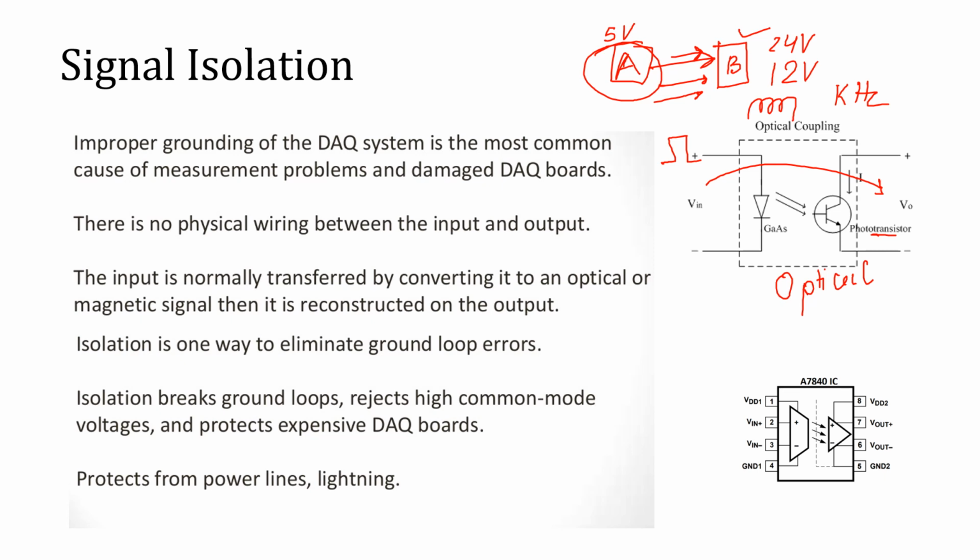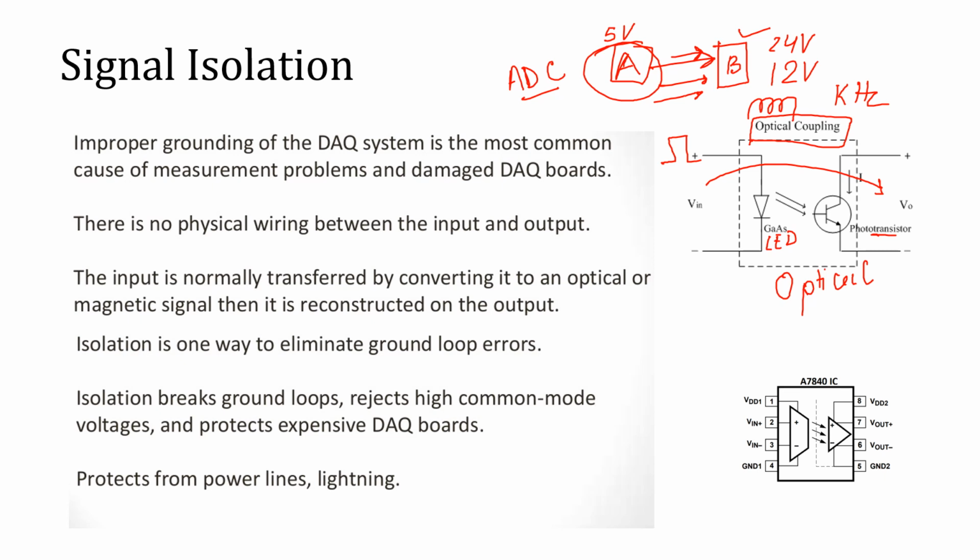Once we acquire the data and digitize using A to D, after ADC we can isolate the signal towards the next stage, sending the signal via LED and phototransistor, and in combination this is known as optical coupling or signal isolation using optical medium.